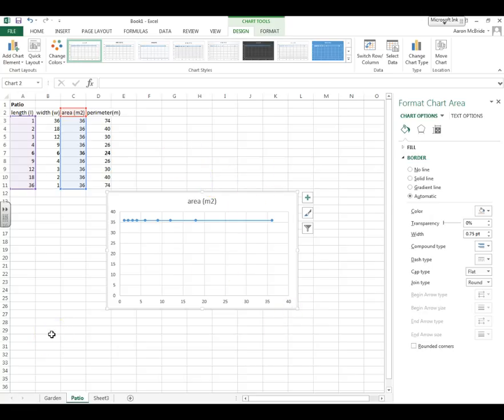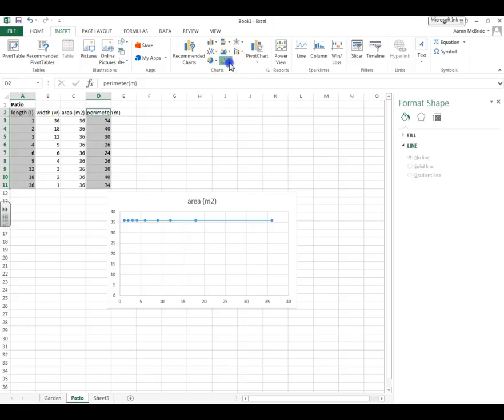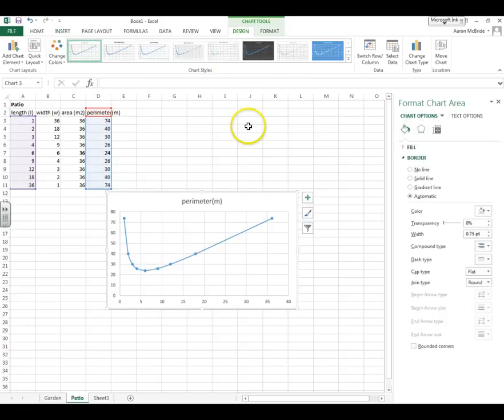Okay, I realized my mistake. In this scenario, we're graphing perimeter versus length. Obviously the area is constant, so it's a horizontal line. No surprise there. So what I want to do is reselect my length and my perimeter, and I'll make a graph from that. Insert scatter chart with a trend line.